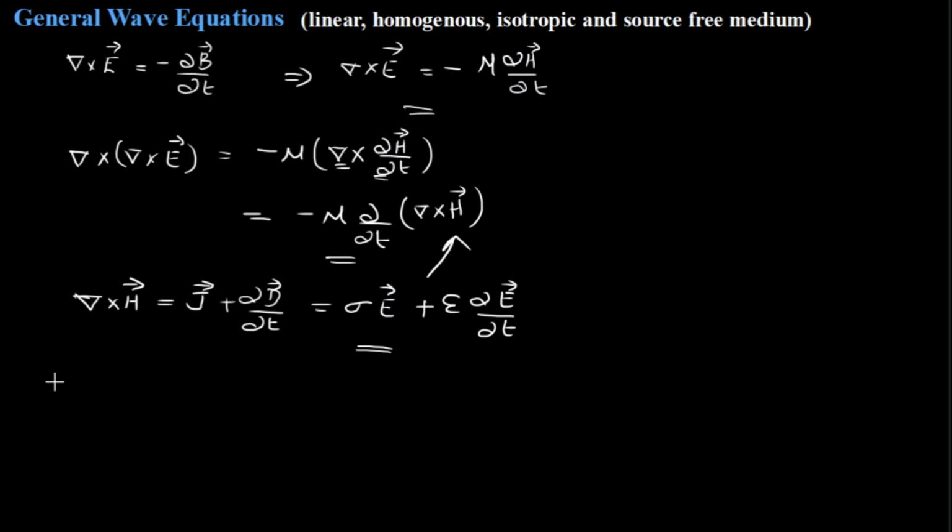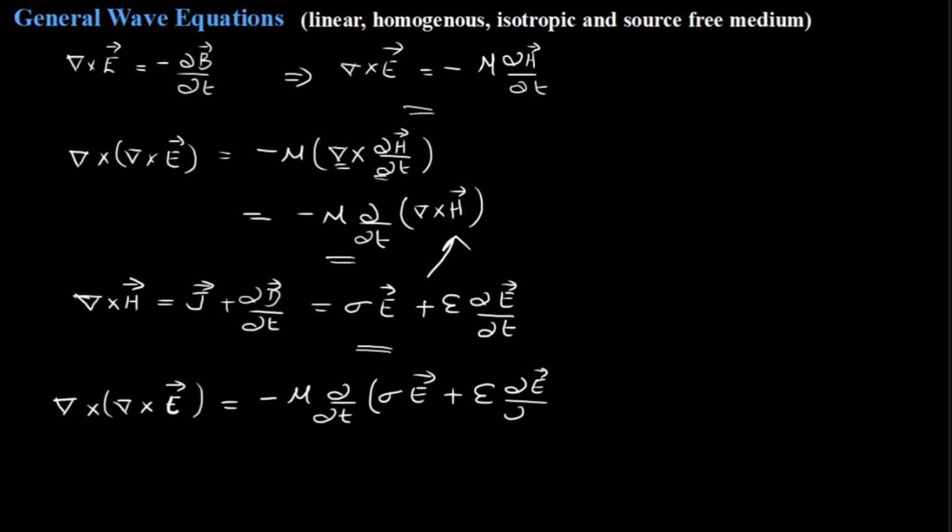I will be back substituting this so that my curl of curl of E now becomes minus mu partial differential of sigma E plus epsilon del E by del t. I just substituted it. Now as you can see, I have del by del t of E here and another del by del t, so it becomes a square.